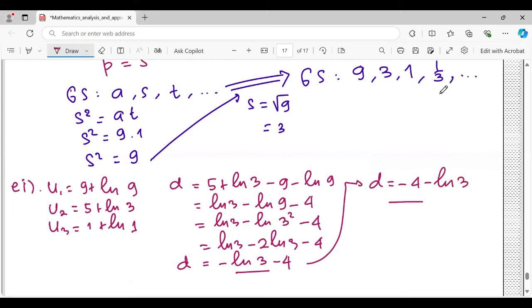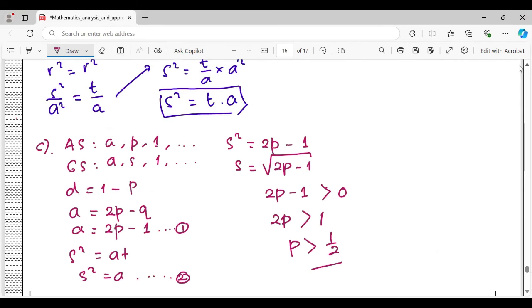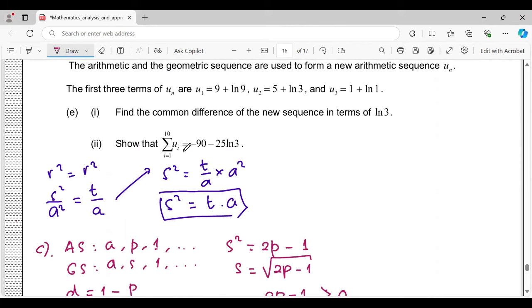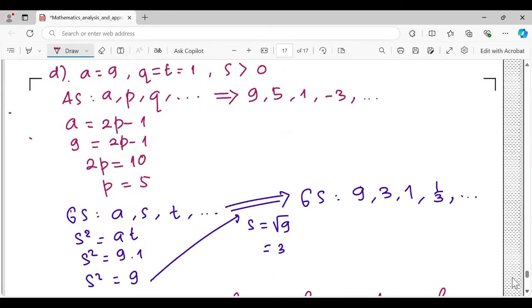So, part 2: show that the sum from i equals 1 to 10 of u_i equals minus 90 minus 25 ln 3. Okay, based on the information that n equals 10, we're going to find S10 of this sequence.